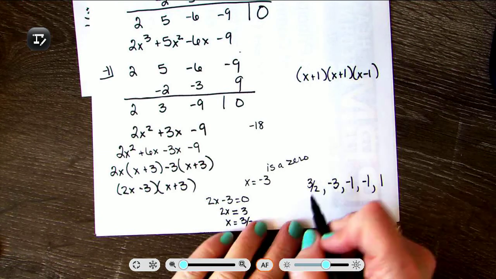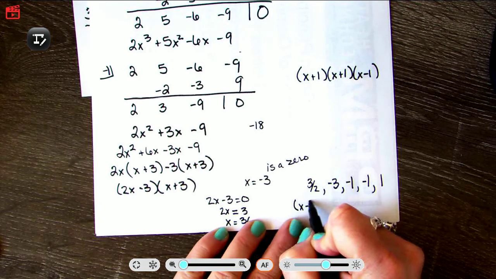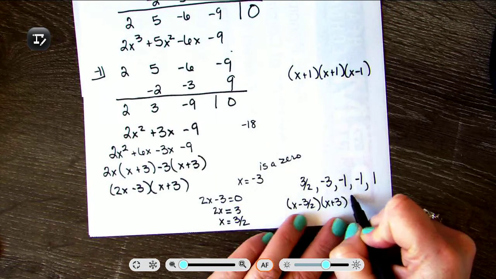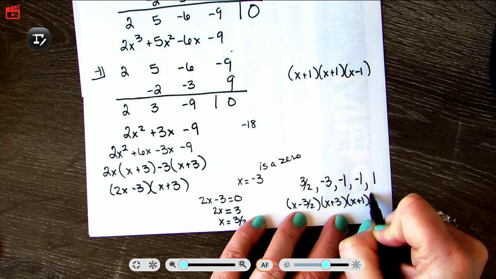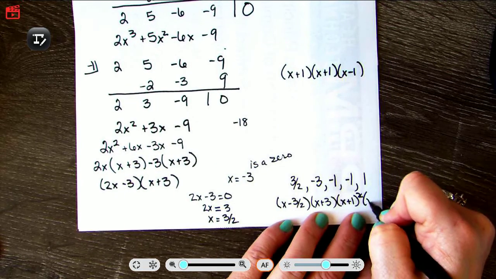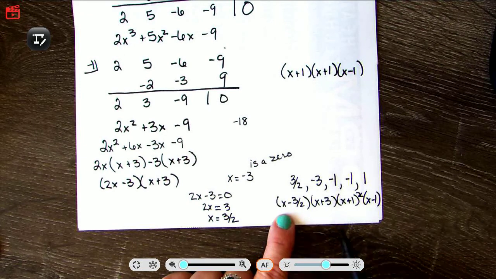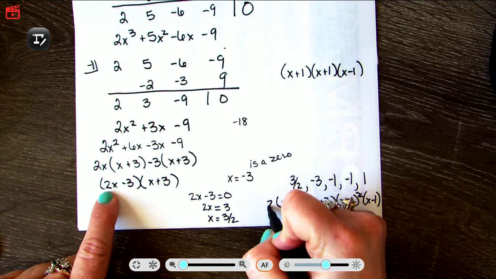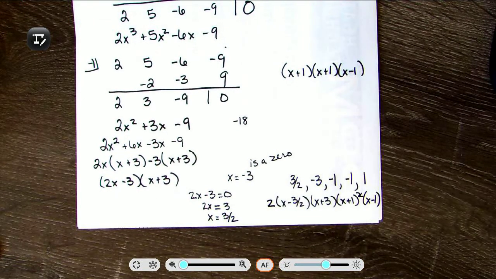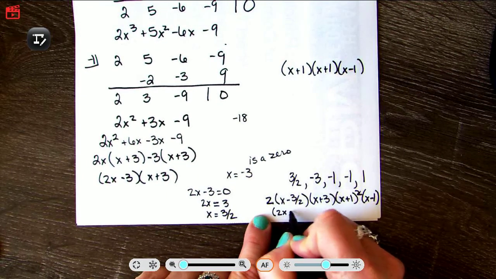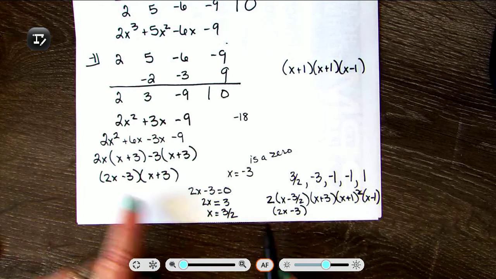We could have factored this into x minus 3 halves, x plus 3, x plus 1 squared, I'll write that, and x minus 1. Notice we don't have our leading coefficient. We could pull that out. And if I multiply that into this first one, it would turn into that 2x minus 3 that we had here.